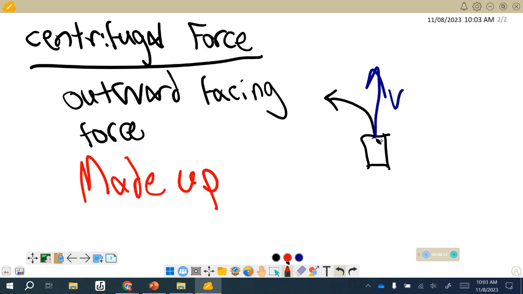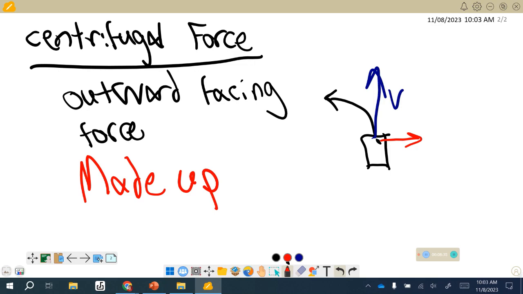So it's going to feel like you're being pushed that way, when in reality, you're simply continuing forward while your car turns left. Relative to the car, it feels like you're moving to the right. But there's no actual force pushing you to the right. That centrifugal force that you feel like you might be experiencing doesn't actually exist.